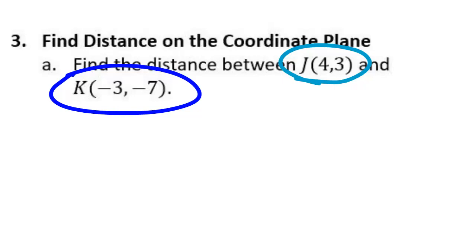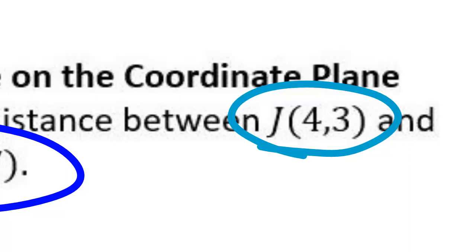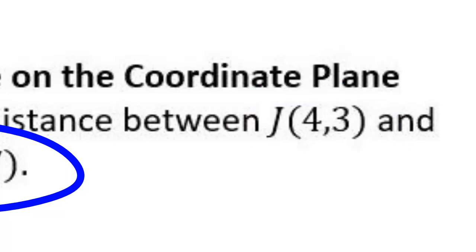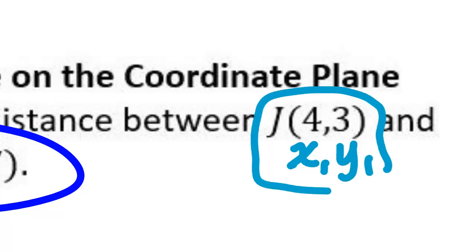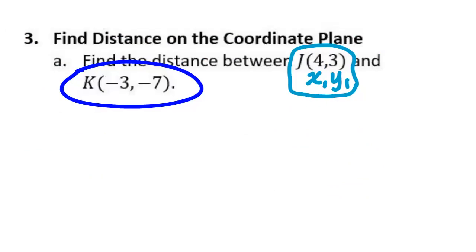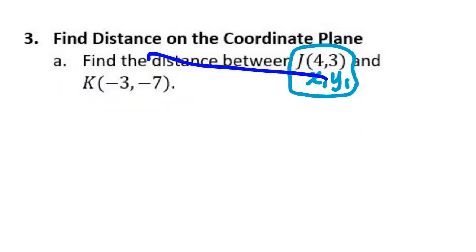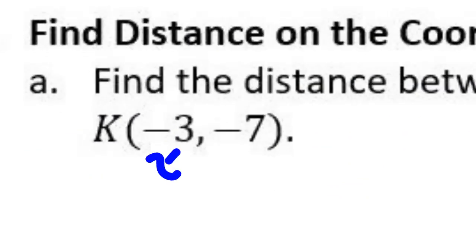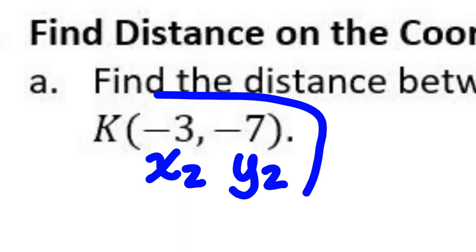Are you guys okay if we call point J our point 1, so that would be my x1, y1? x1, y1, and I'm going to label it. And then we'll do the same thing with point K, x2, y2.